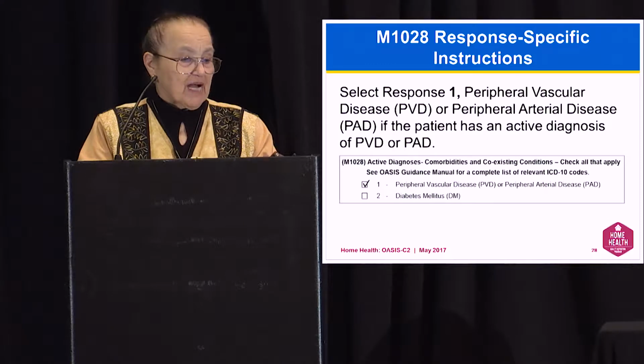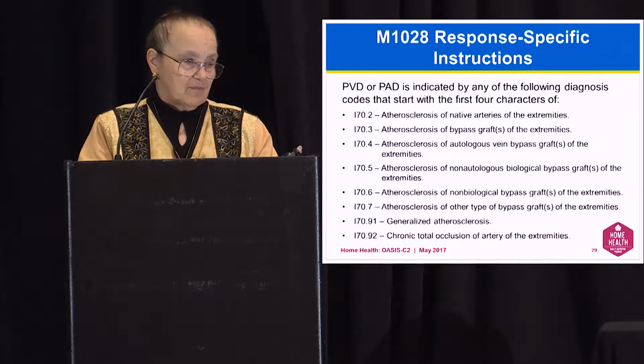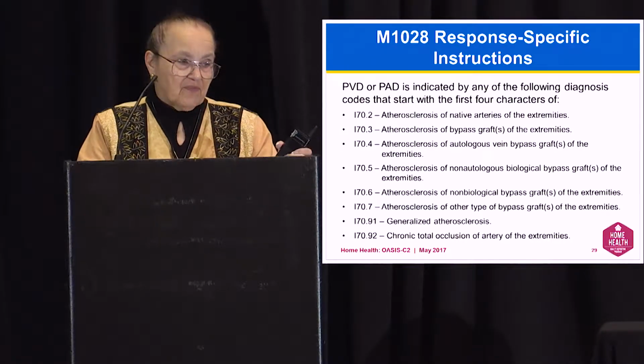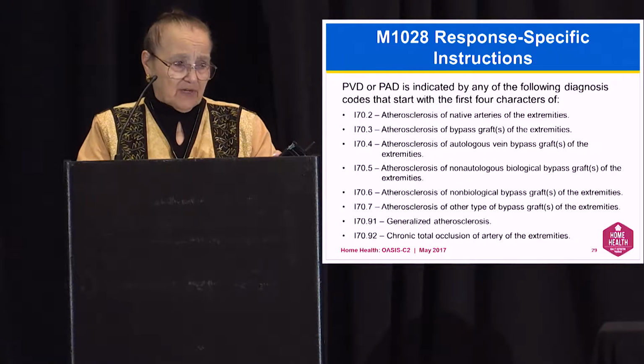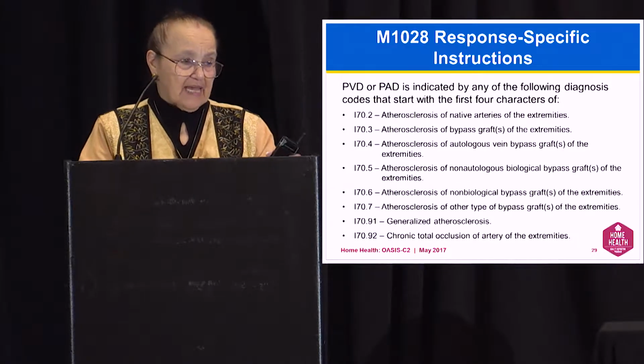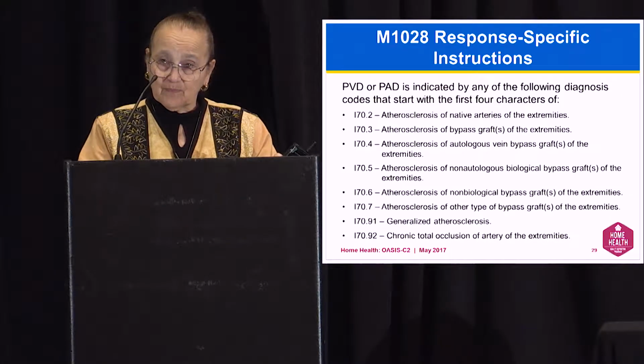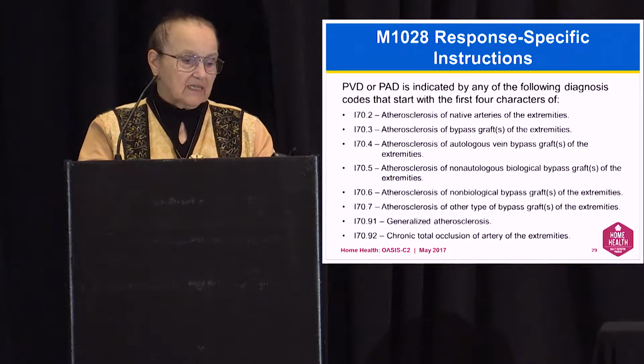You would check off box number 1. That diagnosis, those diagnoses, are indicated by any of the following codes that start with those first 4 characters. There's a completed list in your manual.